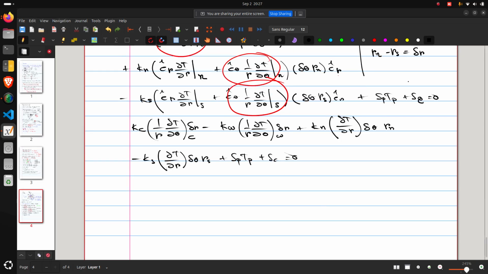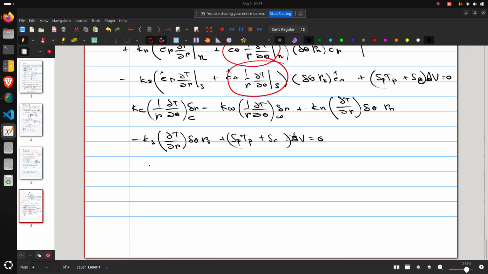Alright. Okay, I am really sorry, there will be a delta V here, because we have the volume integral here and not the surface integral. Delta V equal to 0, right?